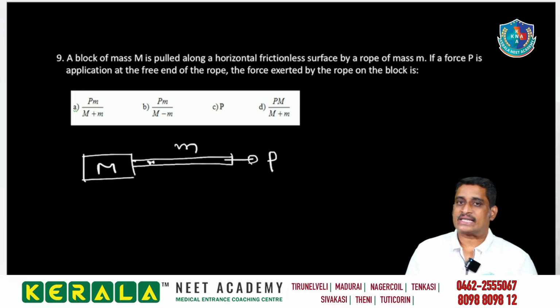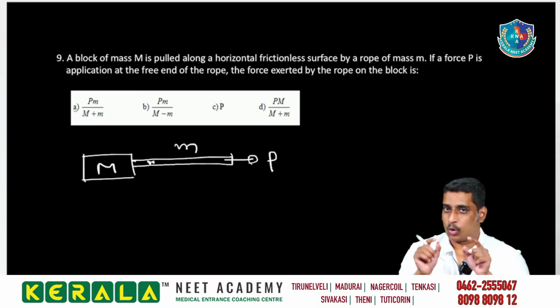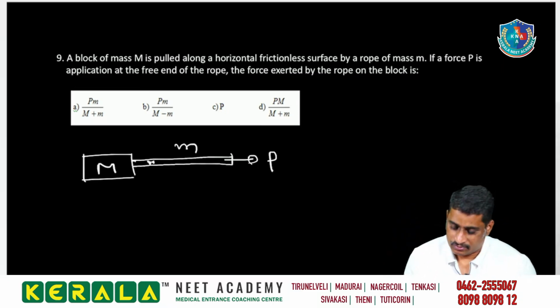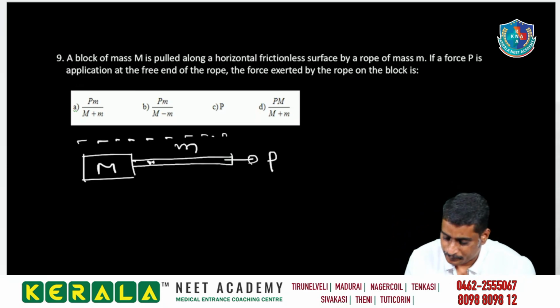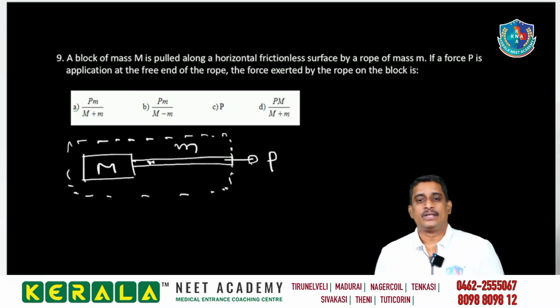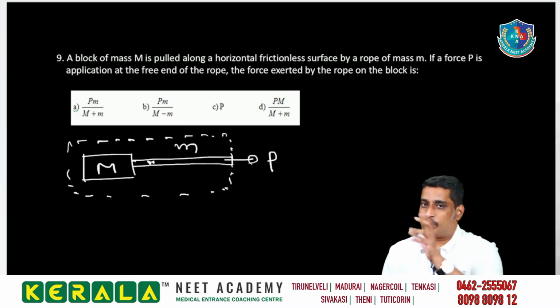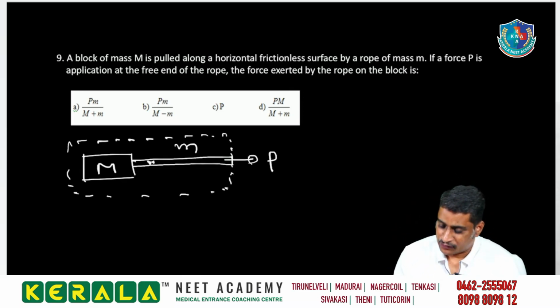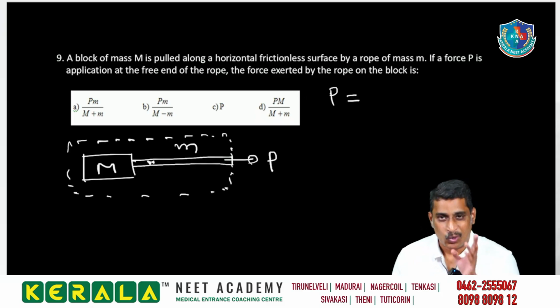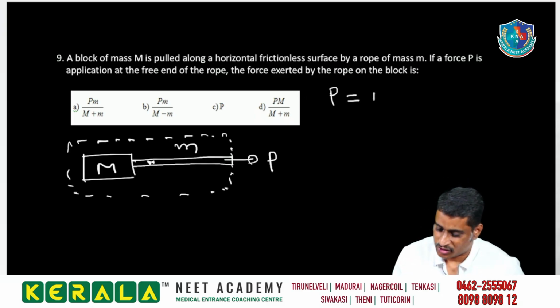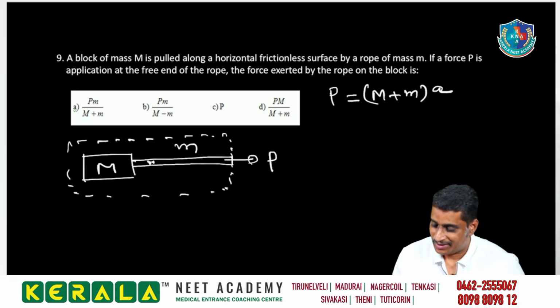Initially, let us consider the block and rope together as a system. Then the net force acting over the system is nothing but P. So net force equals total mass of the system times acceleration, (M + m) into a.